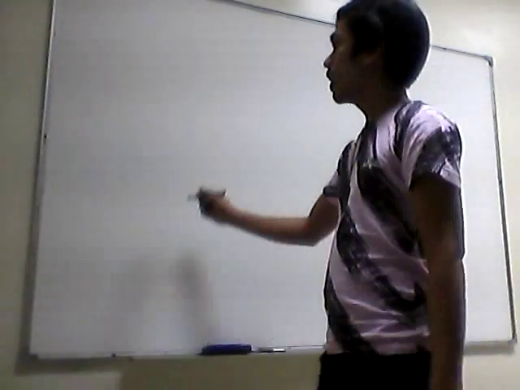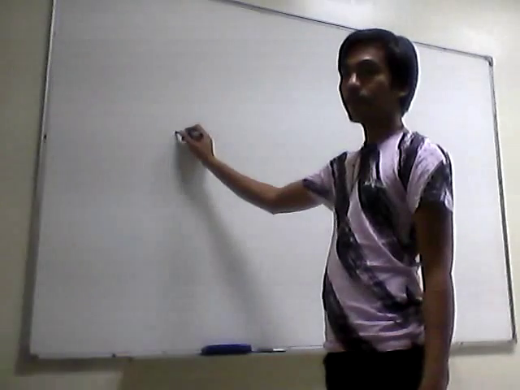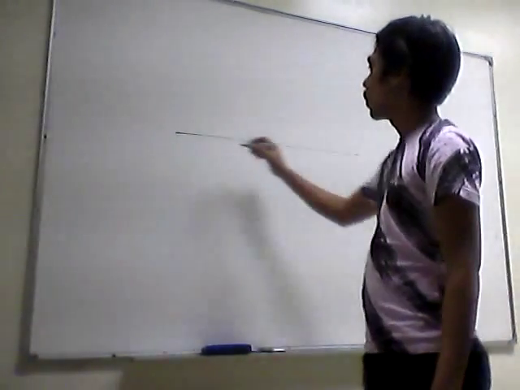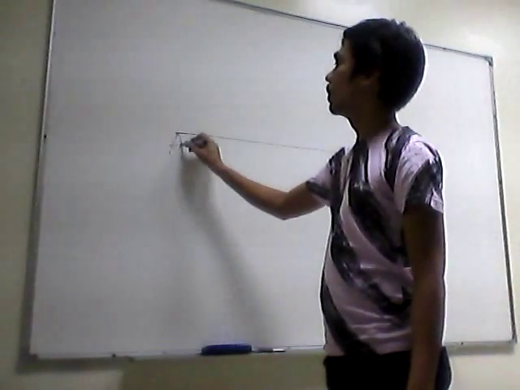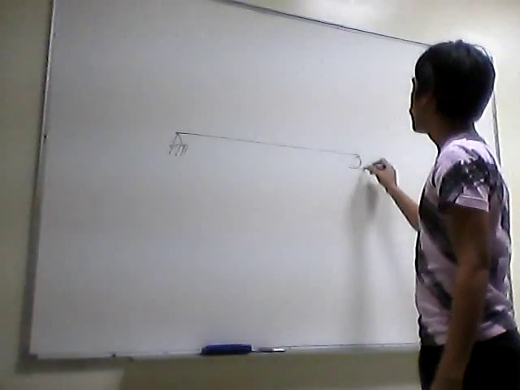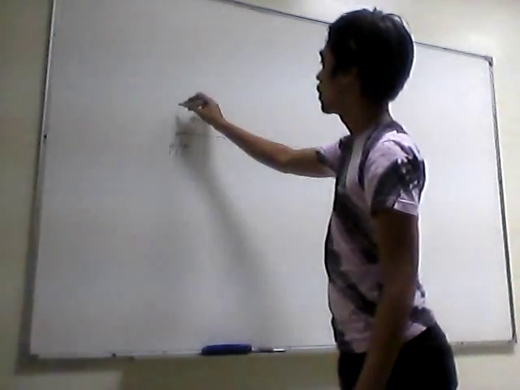The first lecture was beam loaded with all concentrated loads. The second lecture was all about beam with uniformly distributed load. And now we are going to draw the shear and moment diagram for beam with uniformly distributed plus concentrated load.